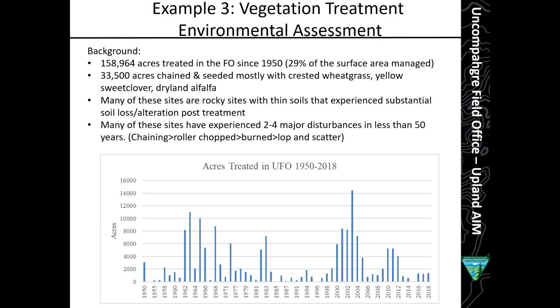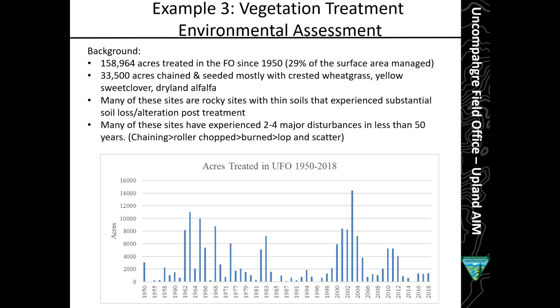Just a little background: our field office had 158,964 acres treated since 1950. That equates to 29% of the surface area we manage. 33,500 acres of that was chaining and was subsequently seeded with crested wheatgrass, yellow sweet clover, and dryland alfalfa.